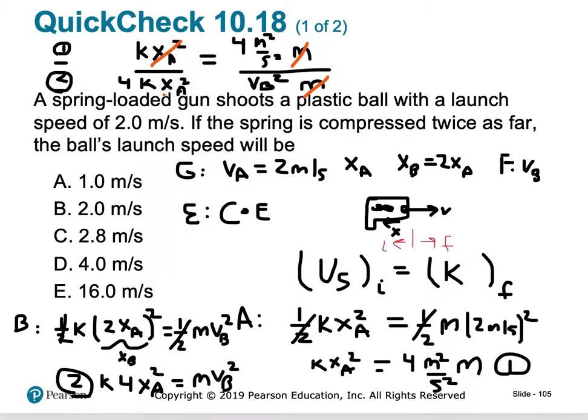The amount of xa compressing doesn't matter, it divides out. The spring constant divides out. We want to solve for vb squared. So we get vb squared is equal to 4 times 4 is 16 meters squared per second squared. We take the square root of both sides of the equation and solve, and we get VB, which is the speed, is equal to 4 meters per second. So the answer must be D.